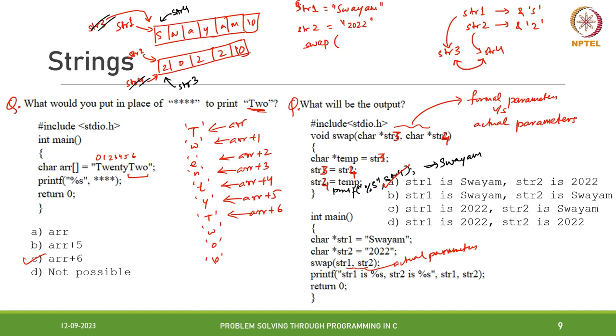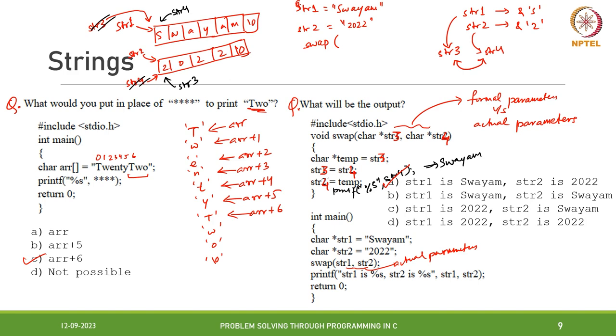It's not the same. The str1 in swap, although they point to the same memory location, is a copy of this str1 in main. It's not the same thing. So that creates additional confusion. This is probably the toughest question I've seen so far among all the string related questions.